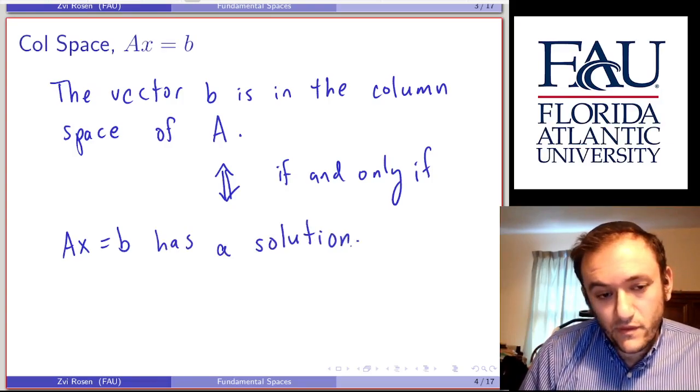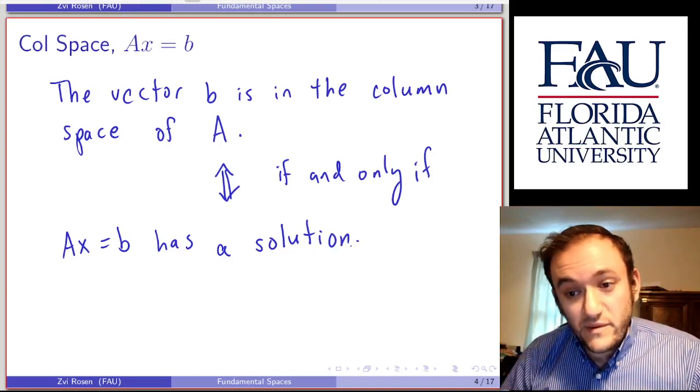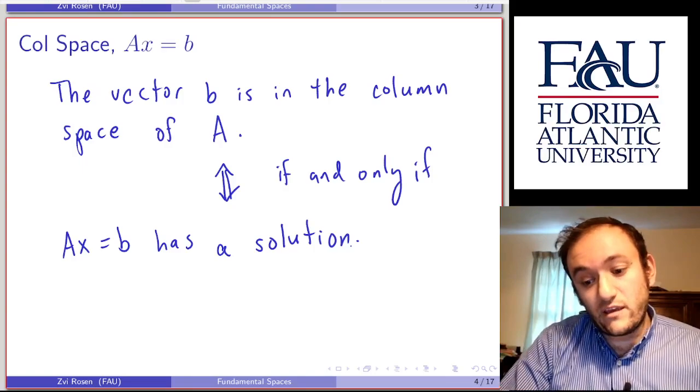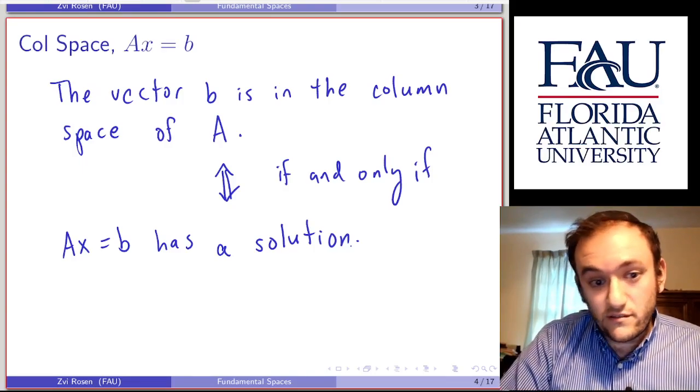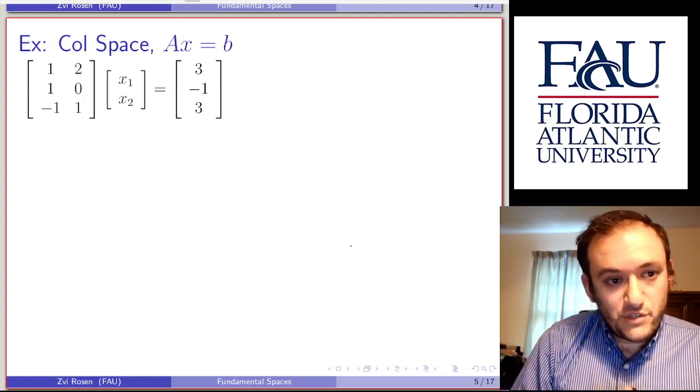Okay? So the question of determining whether something is in the column space is equivalent to determining if a certain matrix equation has a solution. Okay, so let's show how this is the case.